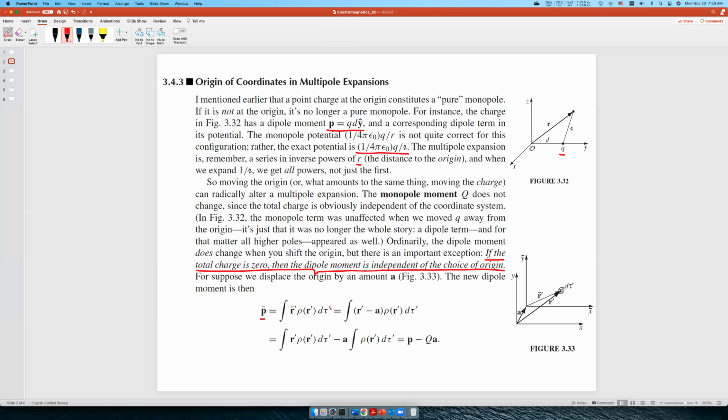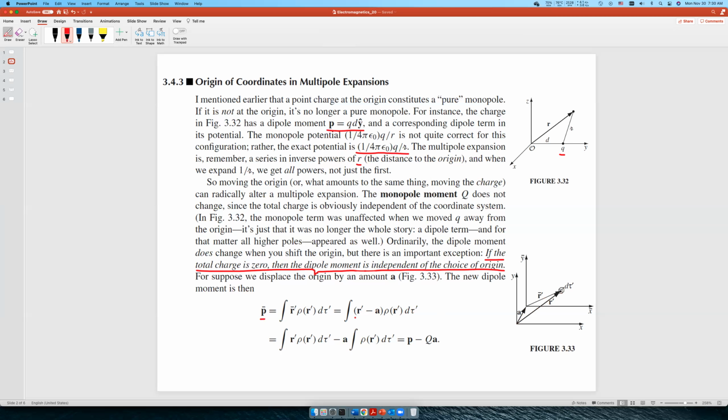d tau prime. It equals r prime subtracted by a, because this is r prime bar, it equals r bar subtracted by a, times the charge density and then d tau prime.